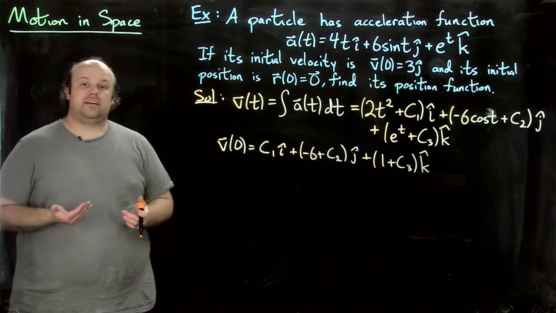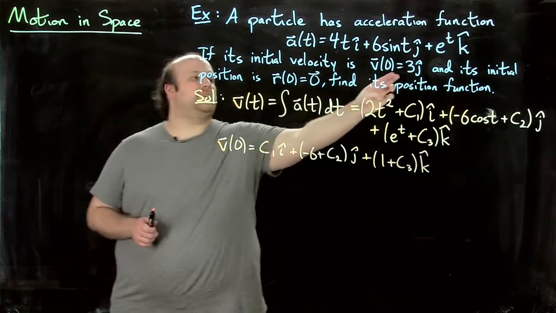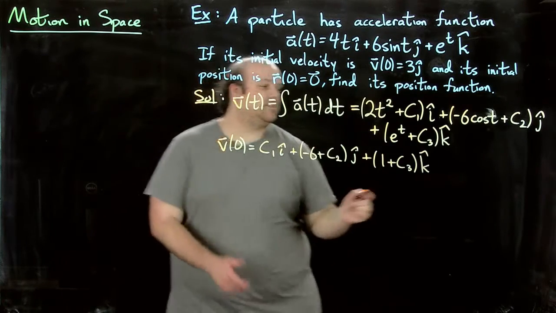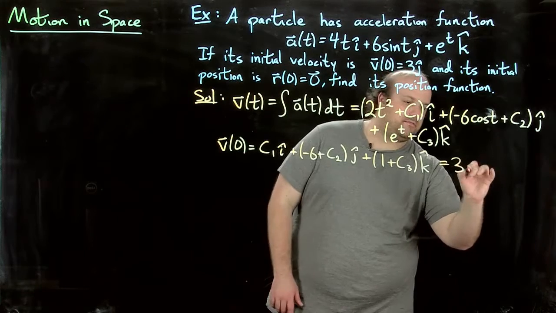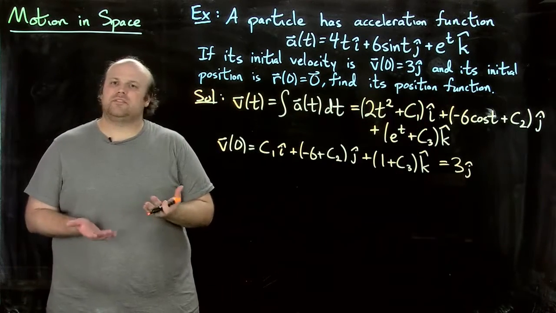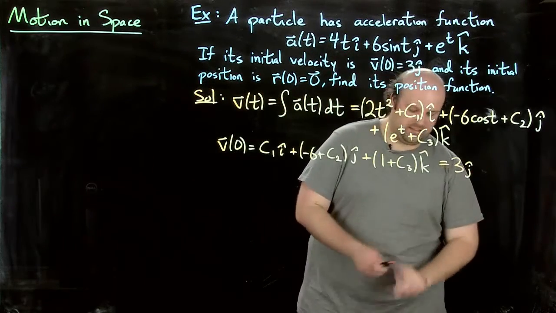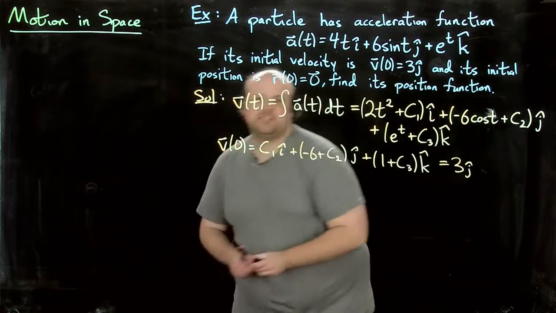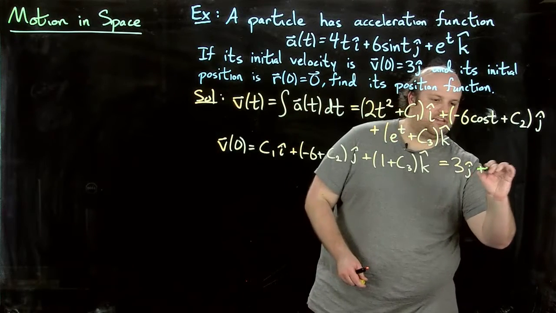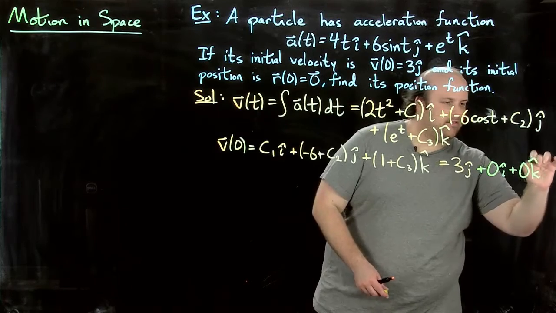All right. And, well, that's v of 0 according to this function, but that must be equal to this up here. So this is 3j. Okay? And now we have sort of a system of equations, right? Because over here, this secretly has added on to it a plus 0i and a 0k.